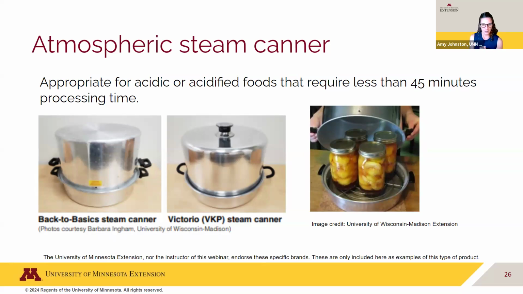And it's because there are those specific vent holes that you can't just use a stock pot and steam can, because there's not going to be a way for the steam to vent. So if you're going to use steam canning, you do need to use a designated steam canner.